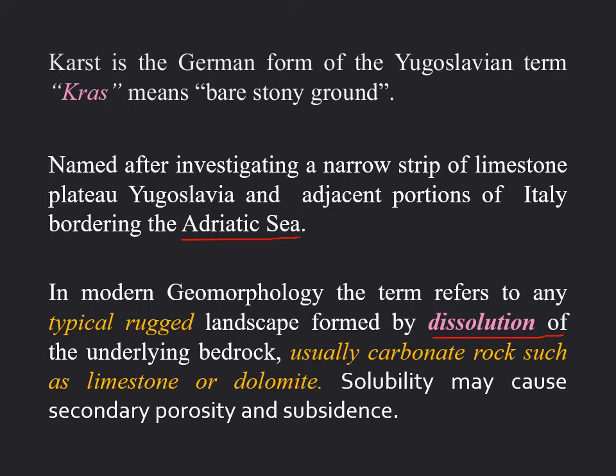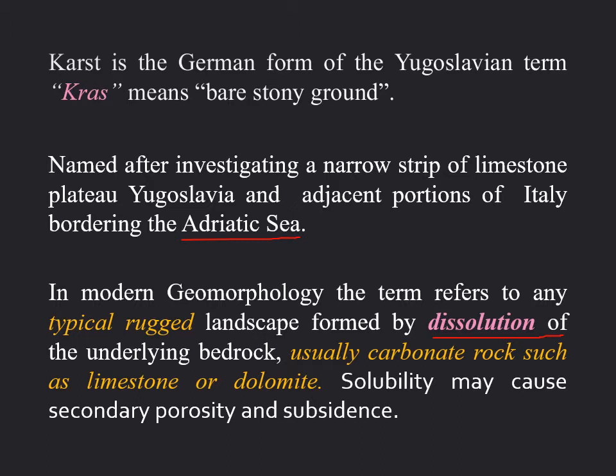So in modern geomorphology, the term refers to any typical rugged landscape formed by dissolution of the underlying bedrock. It is mainly found in carbonate rocks such as limestone or dolomite.